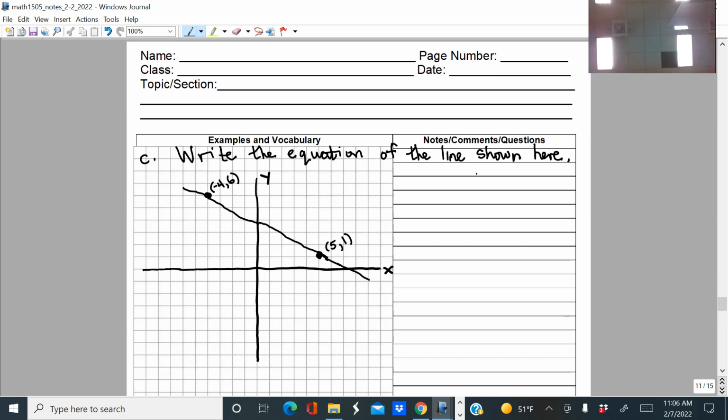But do we know what the slope is here? Can we calculate that? Do we have enough information to figure that out? Yeah, because all we need is 2 points, right? So if you've got 2 points, you can calculate the slope. There are other ways to find slope as well, sometimes, from information that's given to you, but here we've got 2 points, so that makes it very easy for us to calculate the slope.